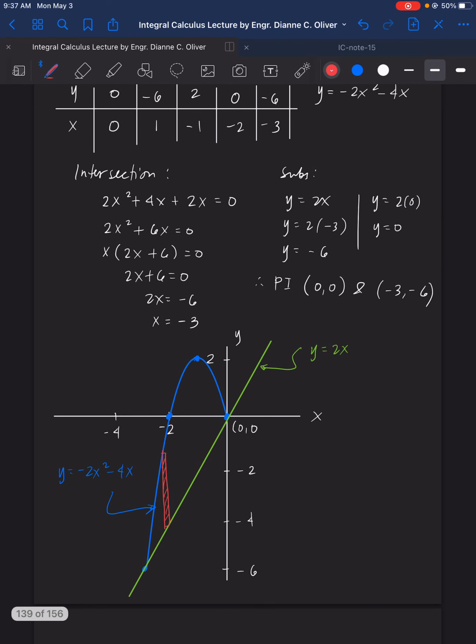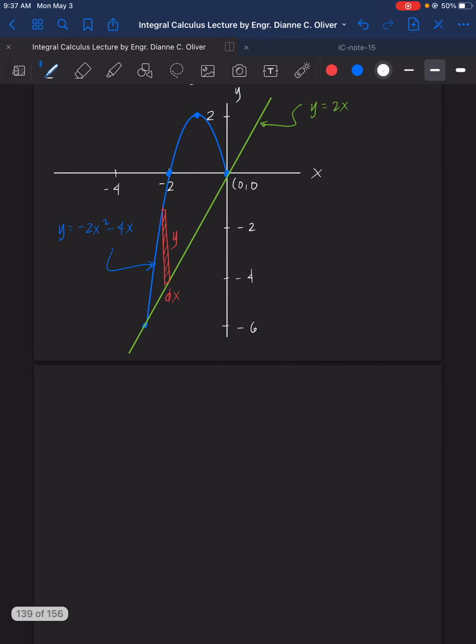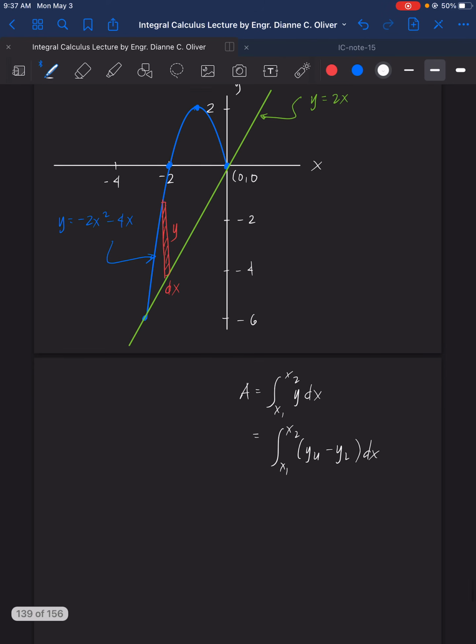It does not mention finding the area in 2 ways. So this is y dx. Of course, I'd be happier if I could solve this the faster way. So area is now equal to the integral of y dx, x1 to x2. So this is y upper minus y lower dx, x1 to x2.